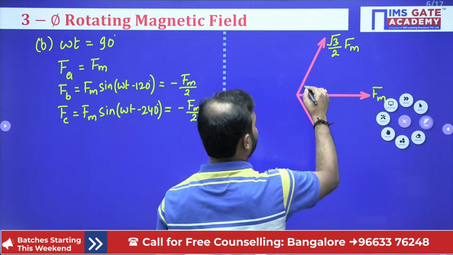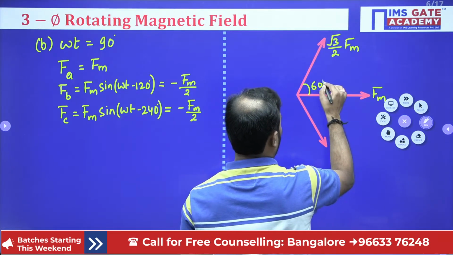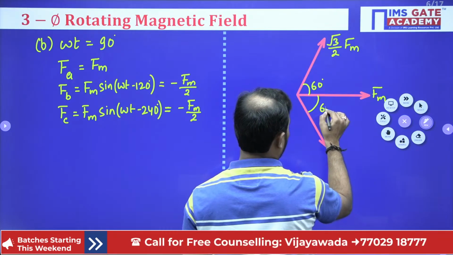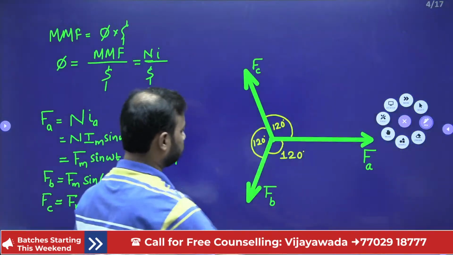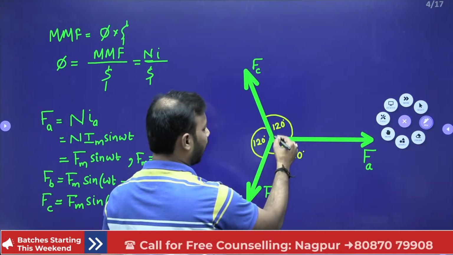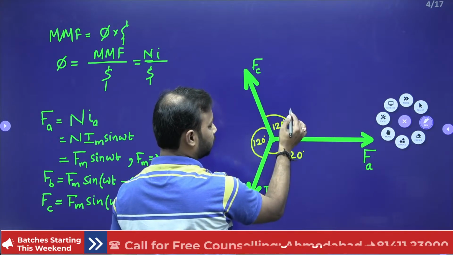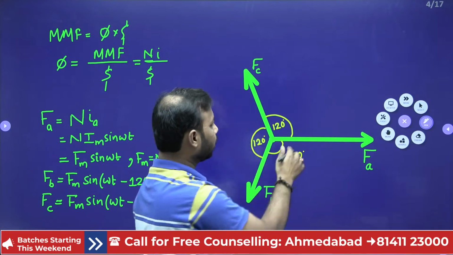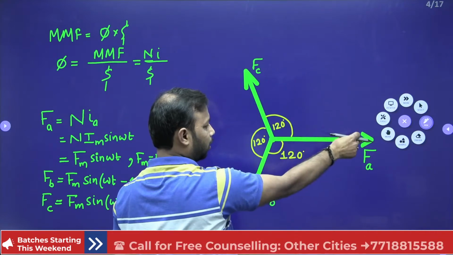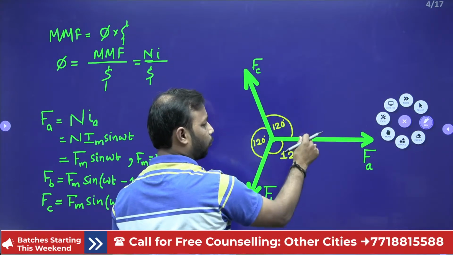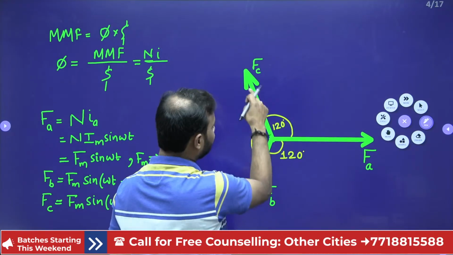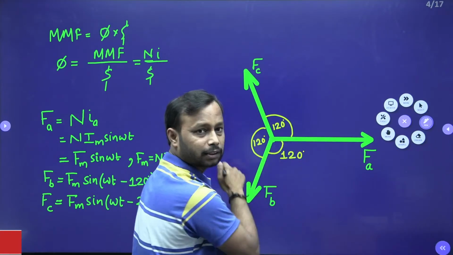This is 60 degree and this is 60 degree. See, this will be an angle bisector, na? So 60 and 60. All right. So this will bisect the 120 into 60, and again this will bisect this 120 into 60 degree.